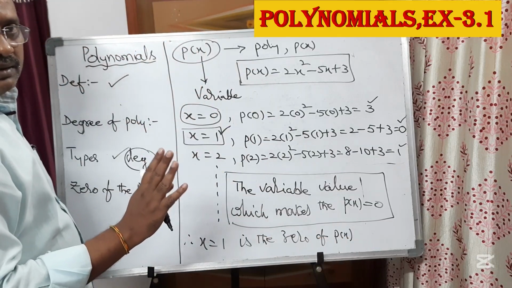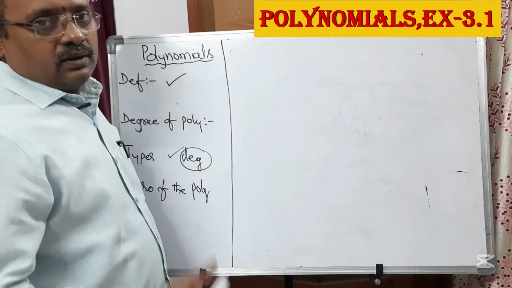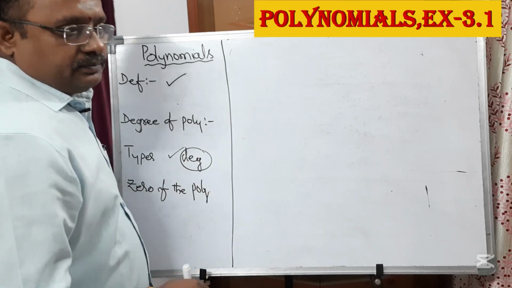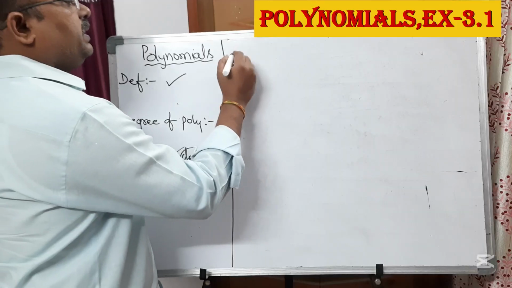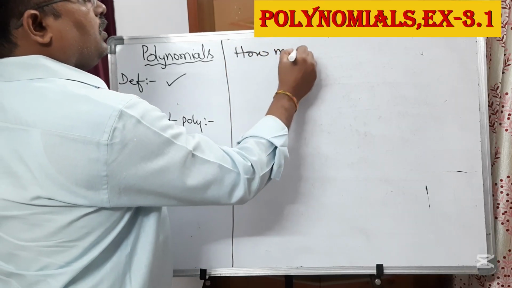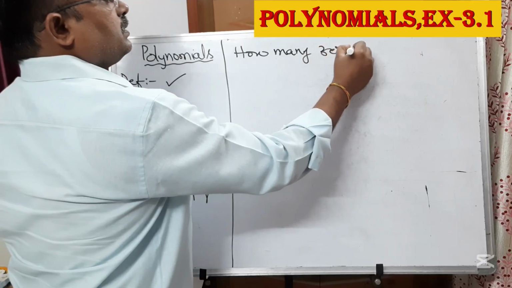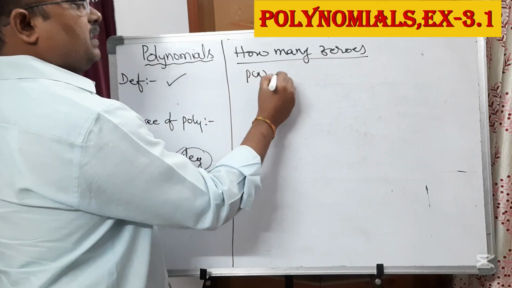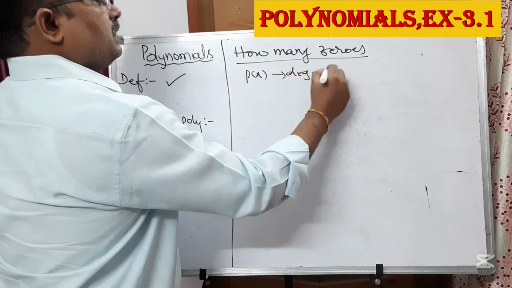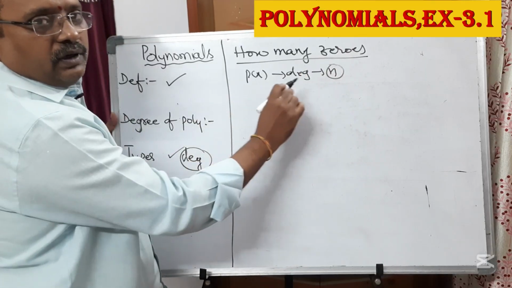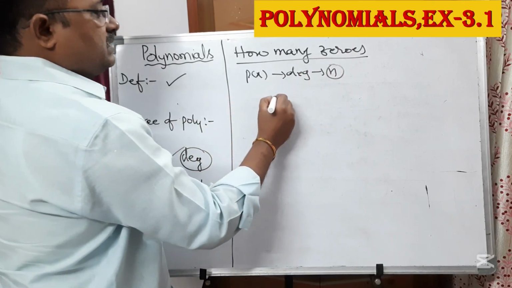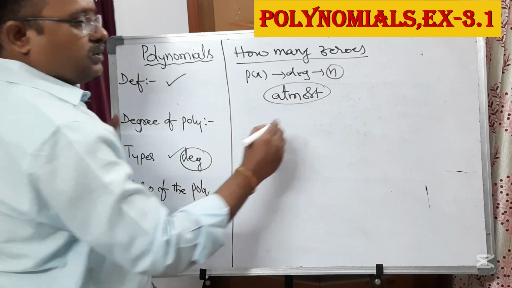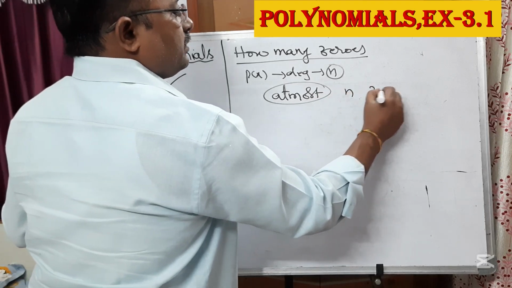Okay, Nana? Is the concept clear? After knowing the definition of 0 of the polynomial, let us come to know how many zeros are possible. If the polynomial degree is n, it has at most, remember this word, at most n number of zeros.